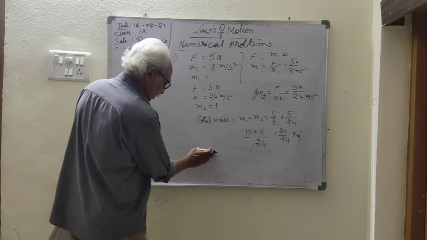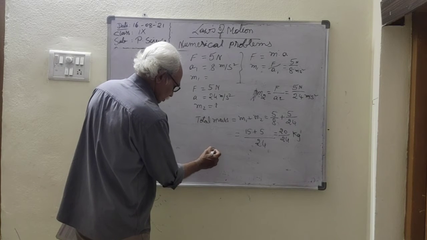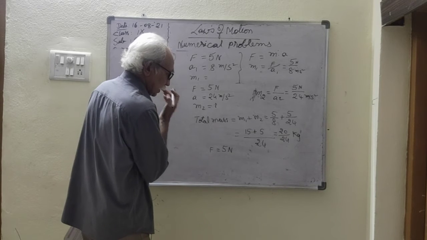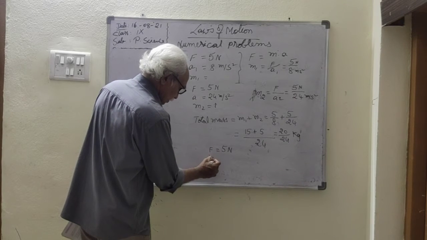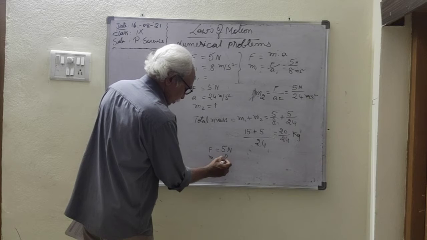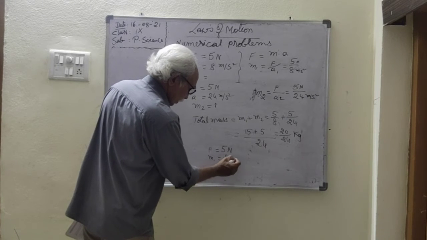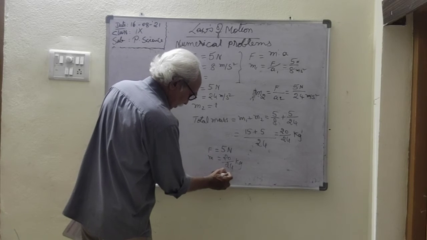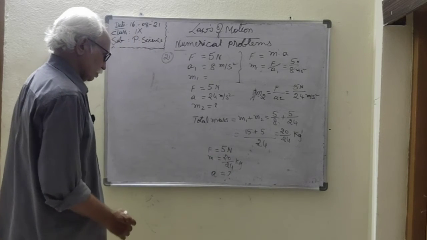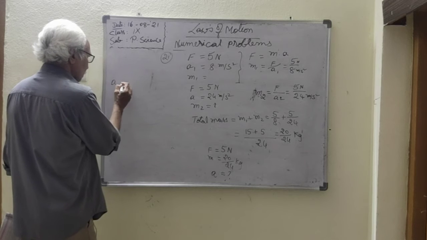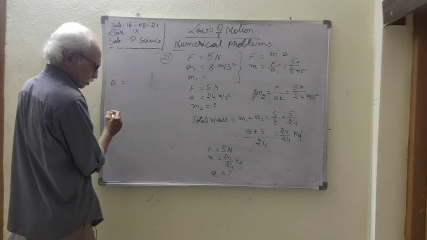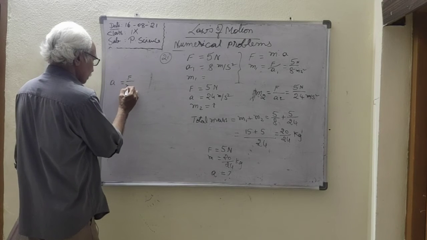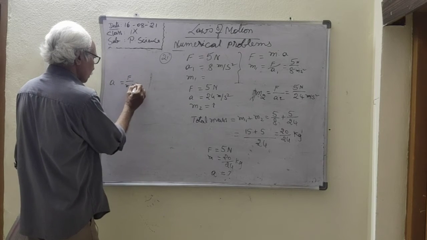Then acceleration. Again you find force is equal to 5 Newton, same force applied, and mass is equal to 20 by 24 kg. Then resultant acceleration is how much? So the resultant combined acceleration is equal to force by total mass, that is m1 plus m2.